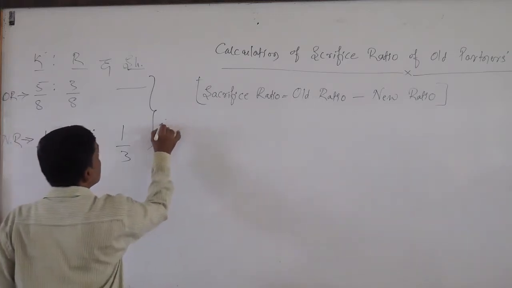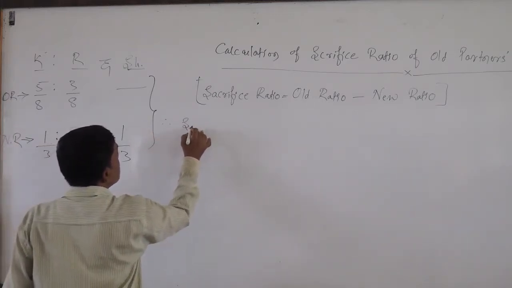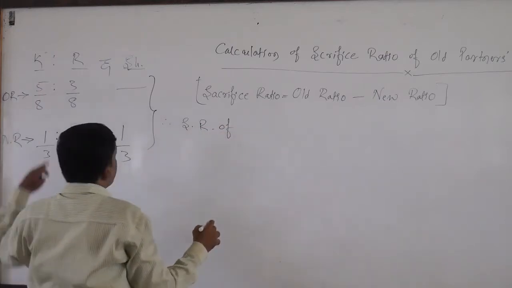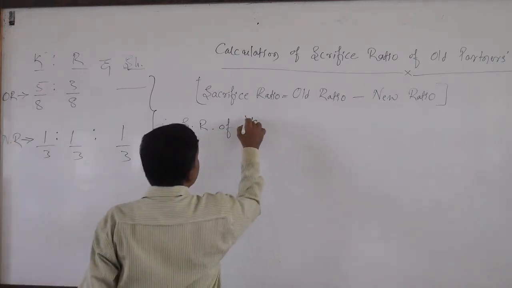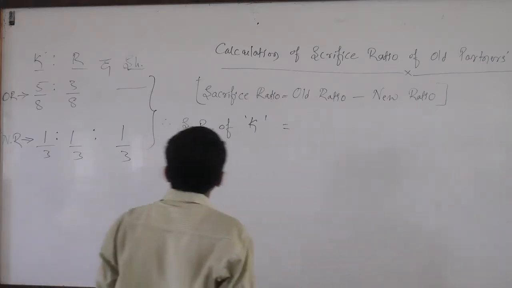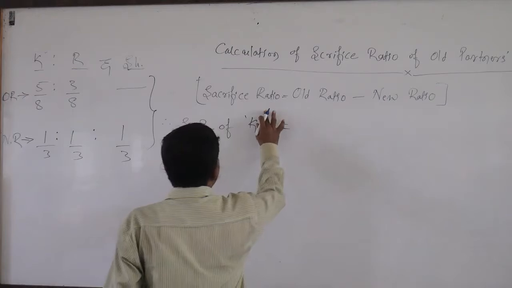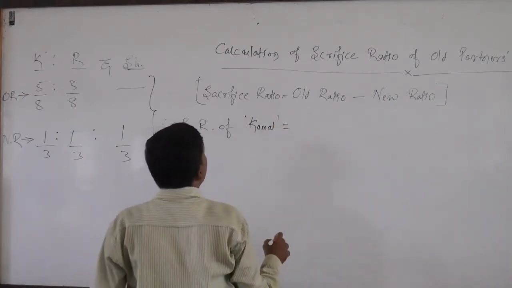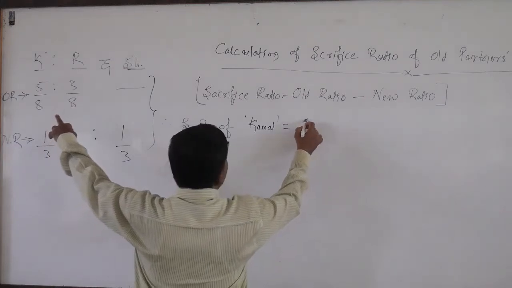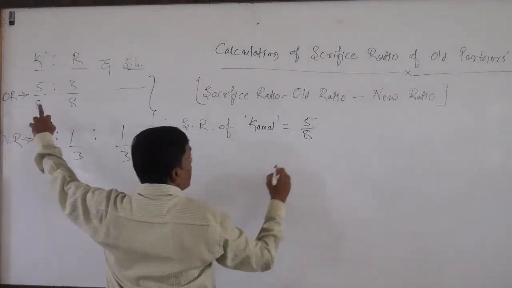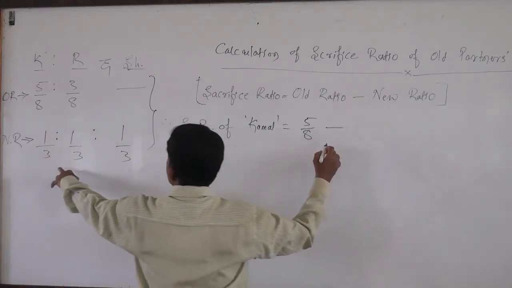Let us see the sacrifice ratio of the first partner, whose name is Kamal. Sacrifice ratio of Kamal: old ratio of Kamal is 5 by 8, that you can see here, minus his new ratio is 1 by 3.